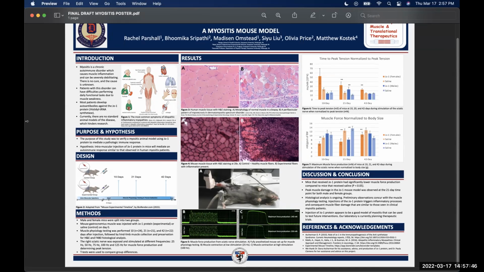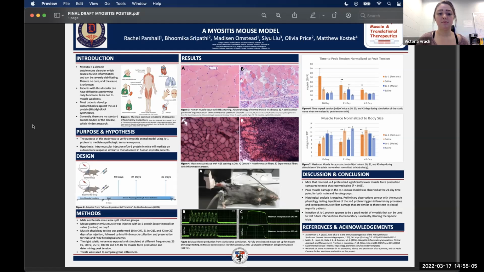Thanks. You're welcome. I have a question. You mentioned there were other proteins associated with these types of diseases, in the same class as Jo-1. Have people done histology for tissues with those proteins as well? Does that look similar to yours, or has that not been explored yet? From the research that I have done, it does look very similar.